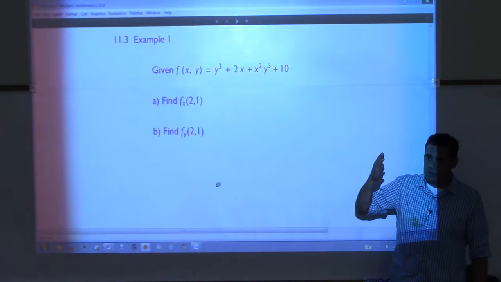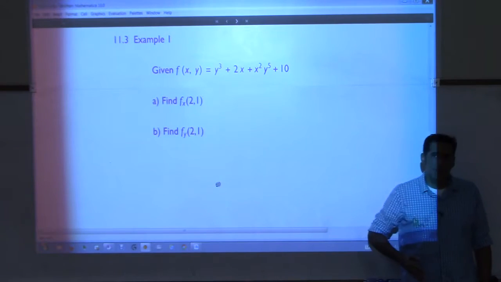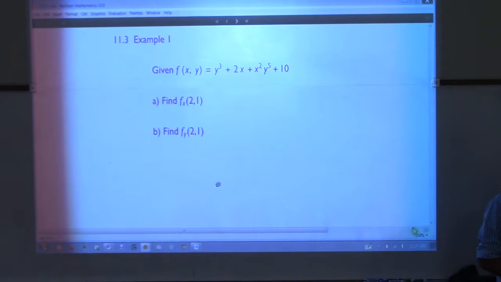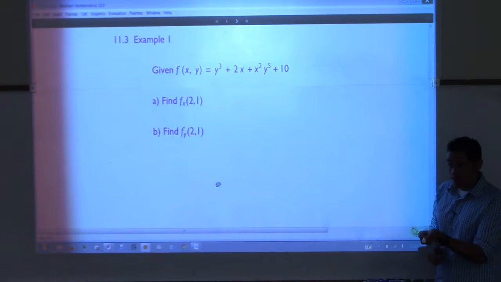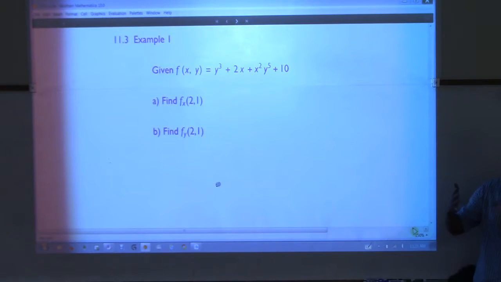That plane I'm cutting it with is parallel to what plane? What am I holding constant? I'm holding y constant, so that plane is parallel to the xz plane. And I'm creating that curve, and I'm trying to find the slope of the tangent line in that direction.